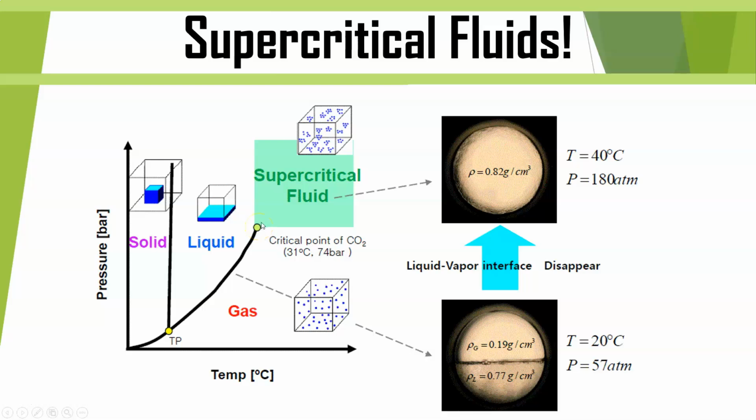Well, once you get past that point, they kind of merge together, don't they? It's not really liquid anymore. It's not really a gas anymore. It's this weird thing called a supercritical fluid. They have bizarre properties. They're not really one thing or the other.